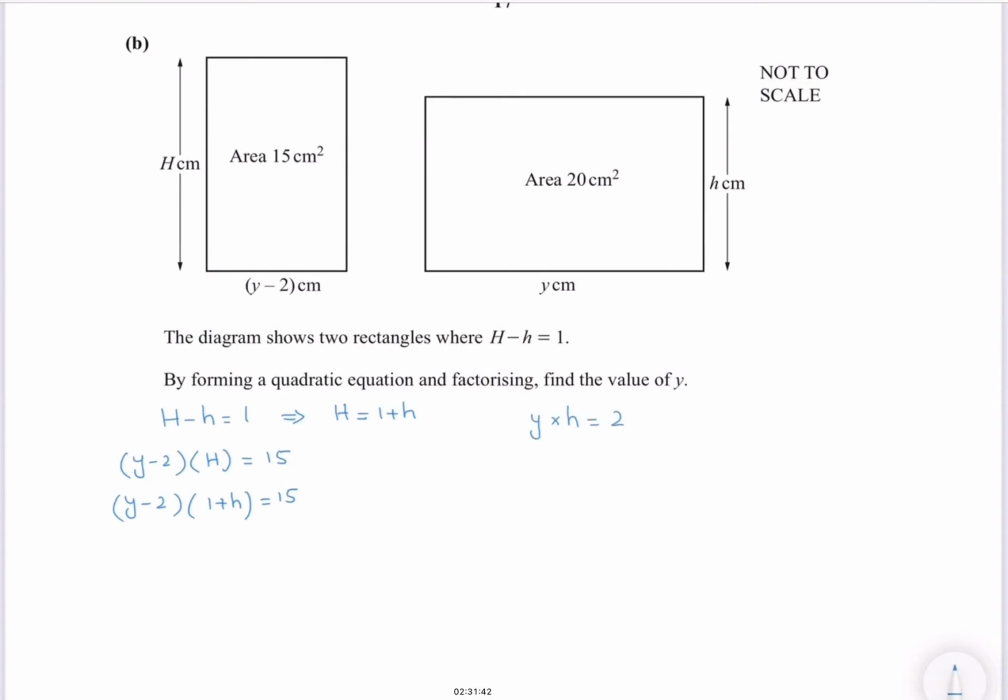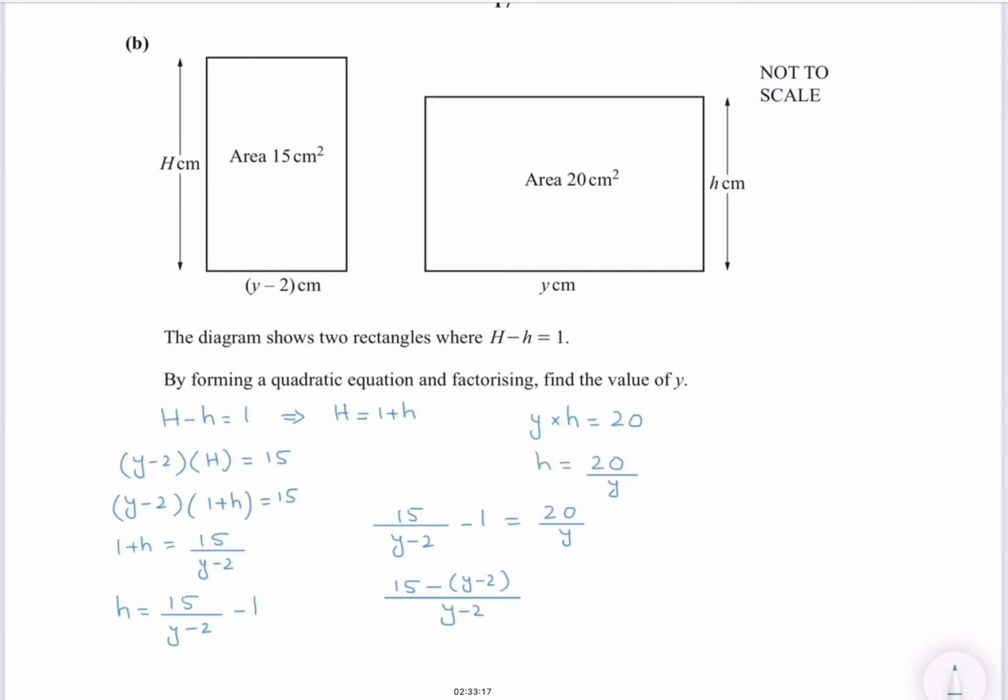Now for the right side, y times h is equal to 20, and here 1 plus h is equal to 15 over y minus 2. So h is equal to 15 over y minus 2, minus 1. On the right side, h is equal to 20 over y. So you put this value of h, 20 over y, here. So it becomes 15 over y minus 2 minus 1 is equal to 20 over y.